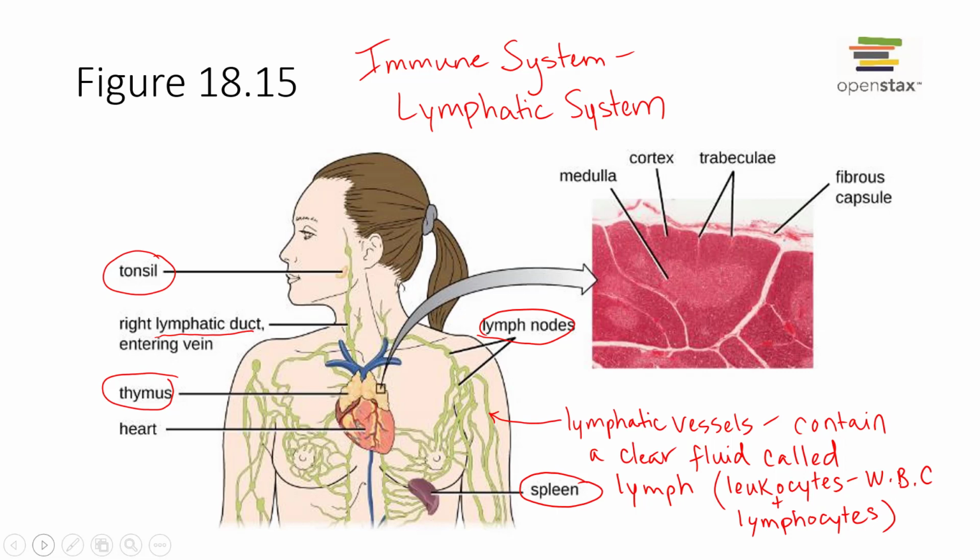So leukocytes and lymphocytes would be located in lymph, and lymphatic vessels would act as a transport for those white blood cells, although it is possible for those blood cells to leave lymphatic vessels and enter the circulatory system. It's also possible for those white blood cells to leave lymphatic vessels and enter the tissues. We see that play out as we discuss the immune system.